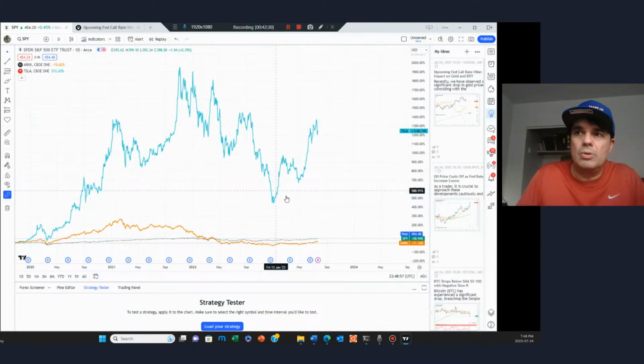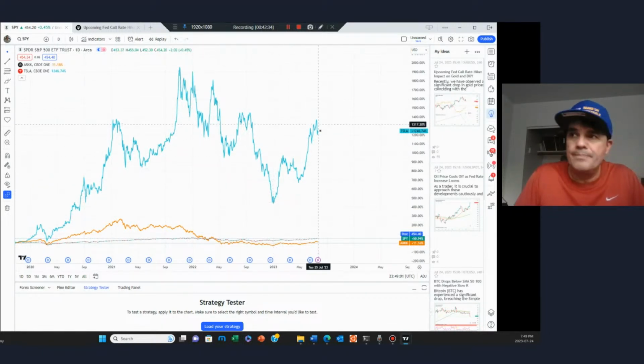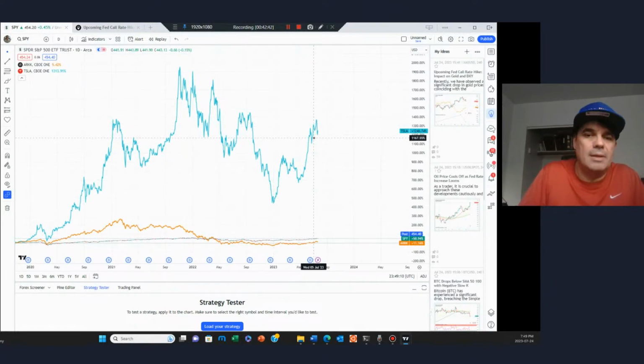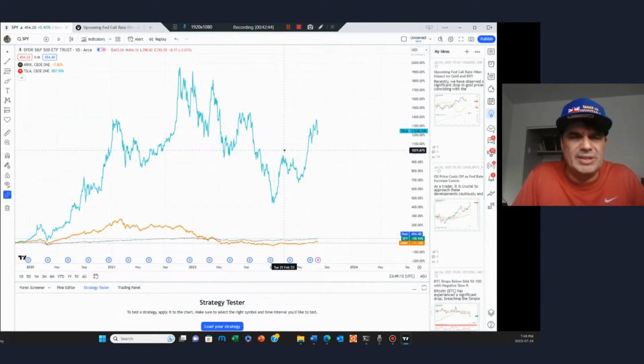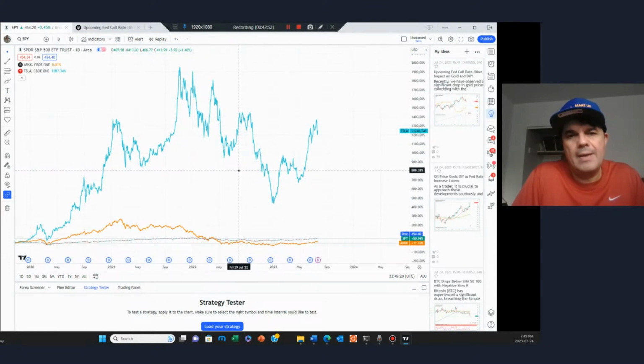So you can see here, if you're at 446 and it's already gone up to 1300 since December, that's quite an amazing feat. So these companies will probably continue to do well, I think, but the overall market index of SPY is highly skewed by the Magnificent Seven, the big tech companies.